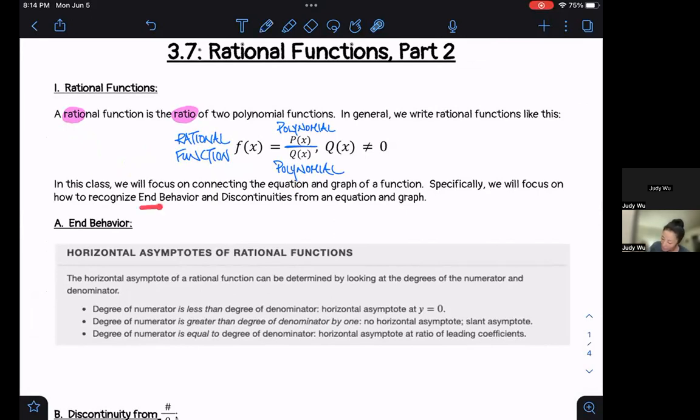We're going to look at something called end behavior, which we've talked about in this chapter already, and then something new called discontinuities. We want to be able to find these things from an equation and from looking at a graph.